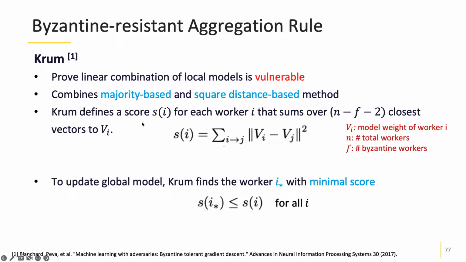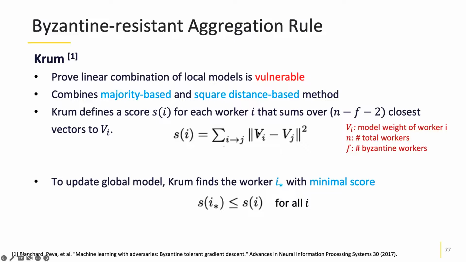How Krum works is that it defines a score for each worker, or for each client in the system. This score is summed over the n minus f minus 2 closest vectors. Here n means the total number of clients in the federated learning system, and f is the number of Byzantine workers.